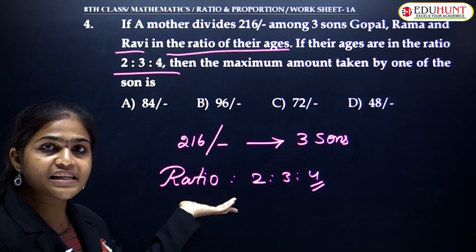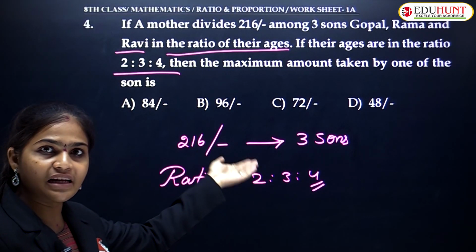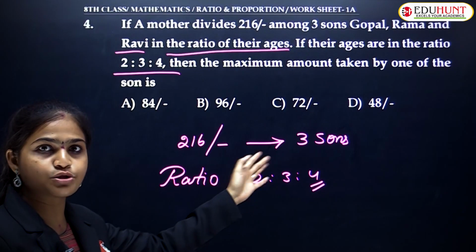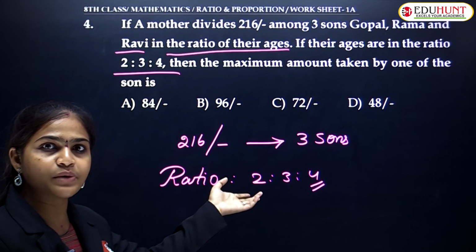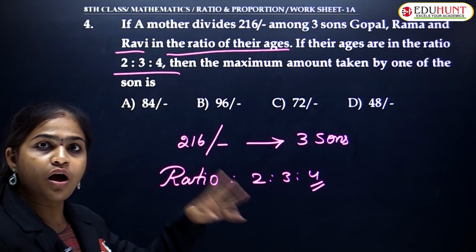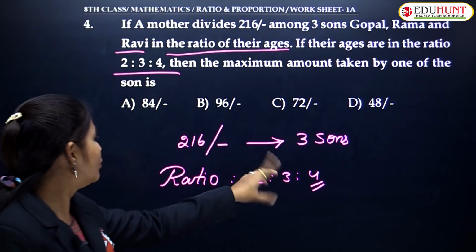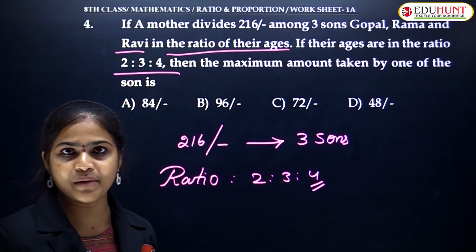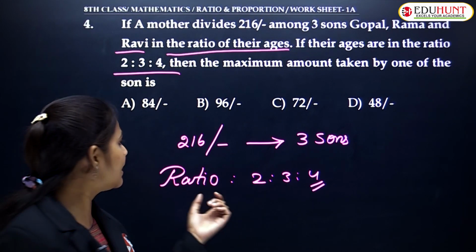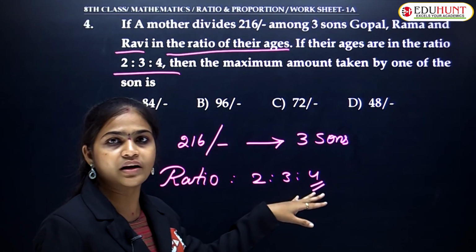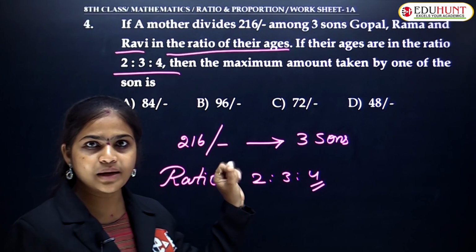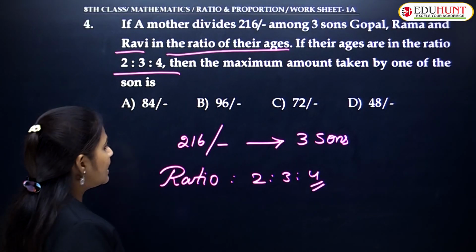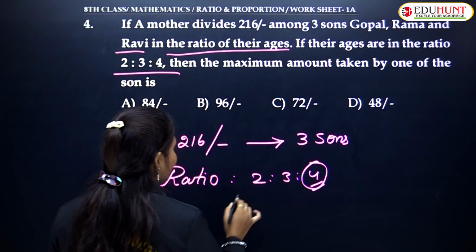Who took the maximum amount? When you observe the ratio 2:3:4, the greatest is 4. The person getting 4 parts got the highest amount among the remaining 2 children. We need to find this part's amount.